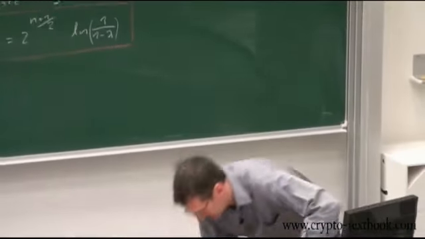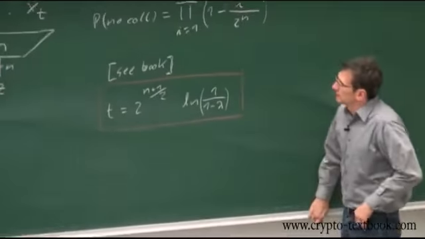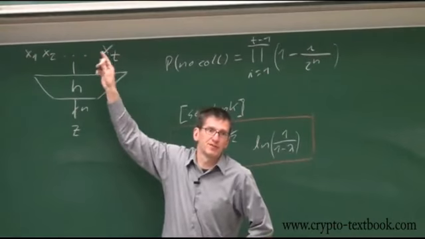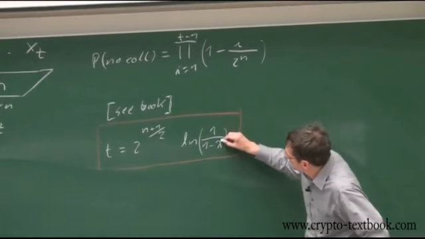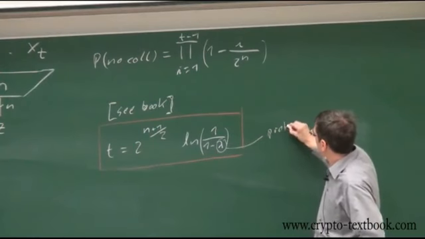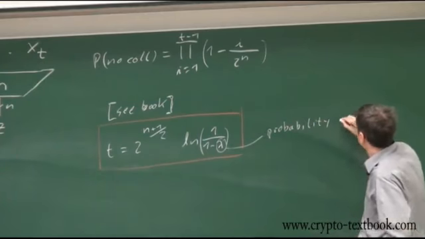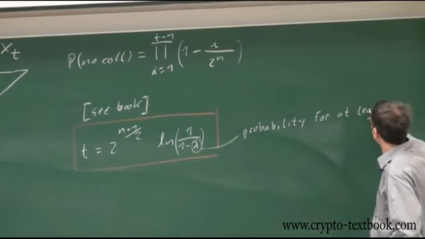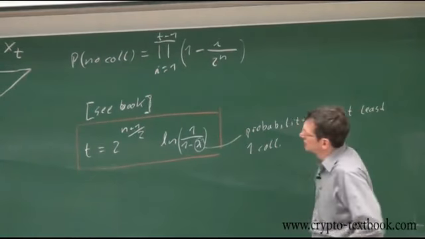This is the most important formula of the lecture. First, what are the symbols? t is easy. t is the number of inputs you have to feed into the hash function. This, you don't know that yet, is the probability for at least one collision.